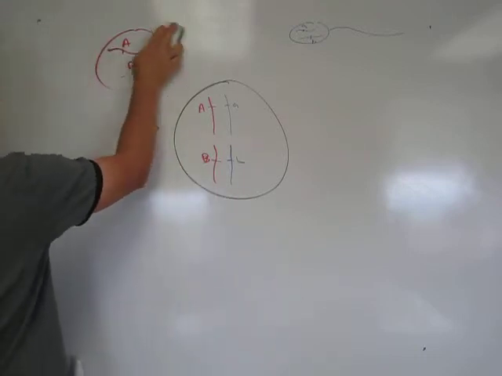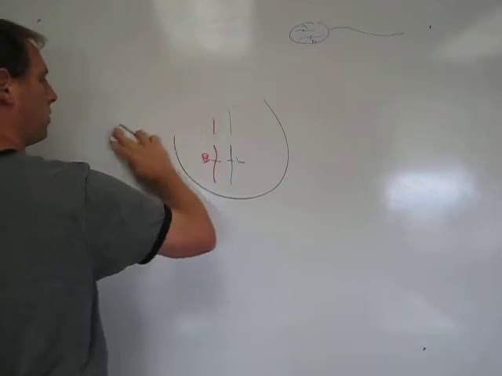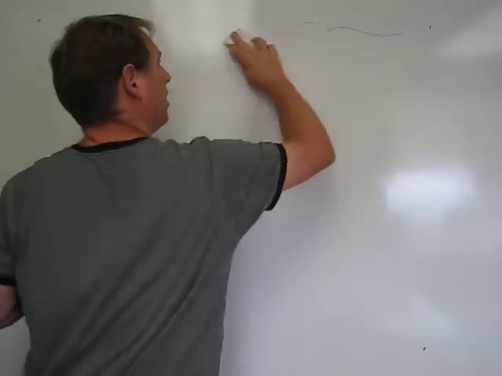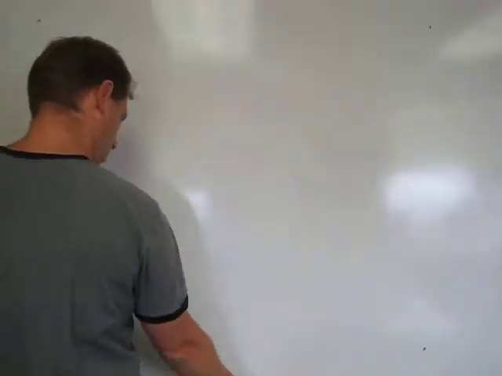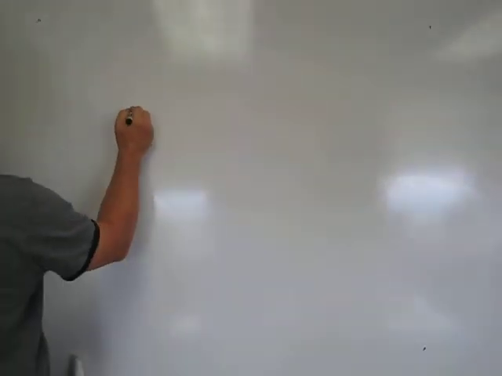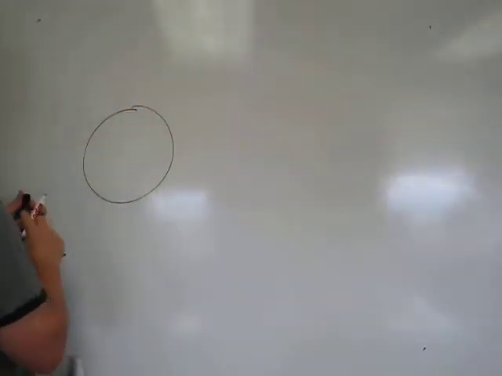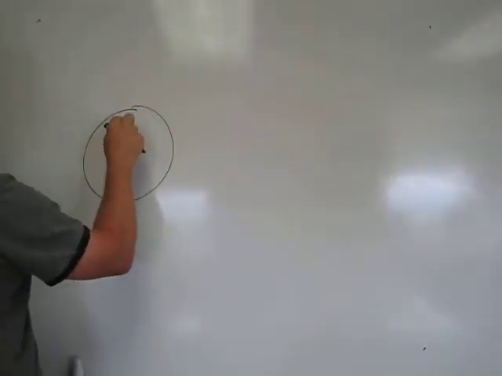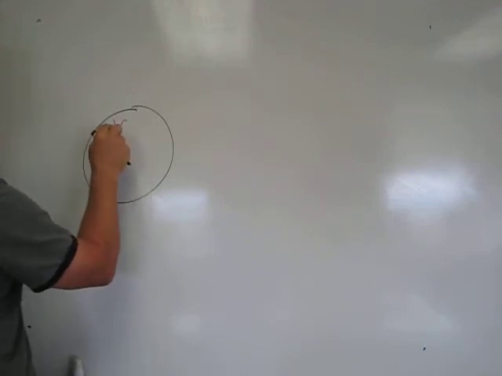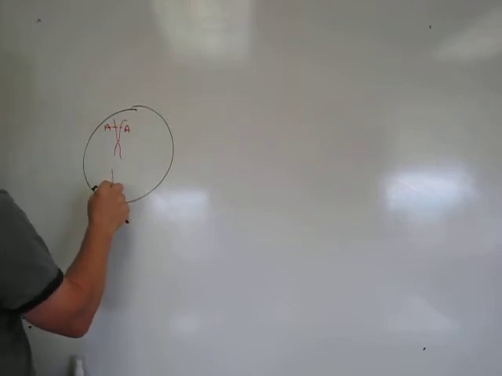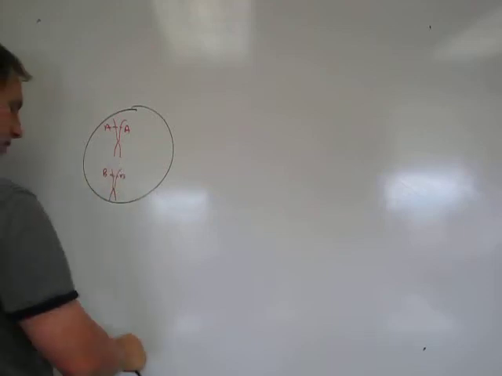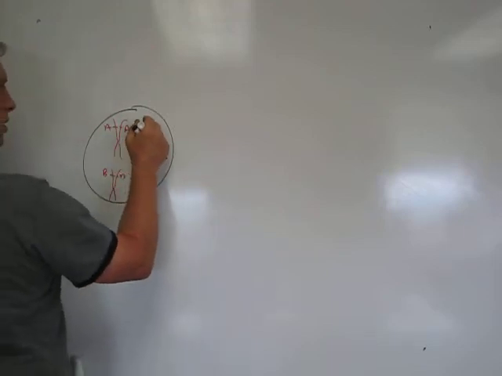Now the important thing to understand is, as usual, first you replicate your chromosomes. So you're going to go through S phase. So big A, mom's chromosomes, replicate, big B, and then you have dad's chromosomes that have also replicated.